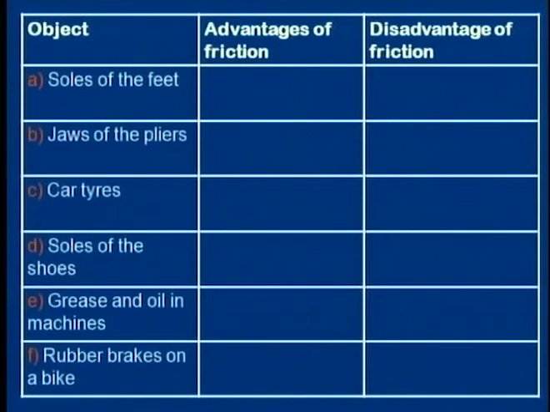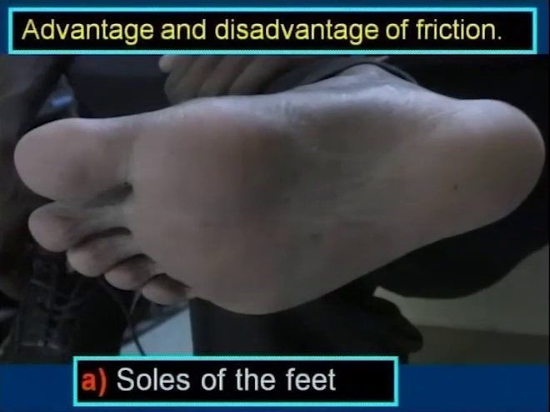Right, by now you should have completed taking down the table. Now let us go through the activities and you fill in the table as we go through the activity. Let's look at the first one. You take down the advantages and disadvantages of friction on the soles of the feet.